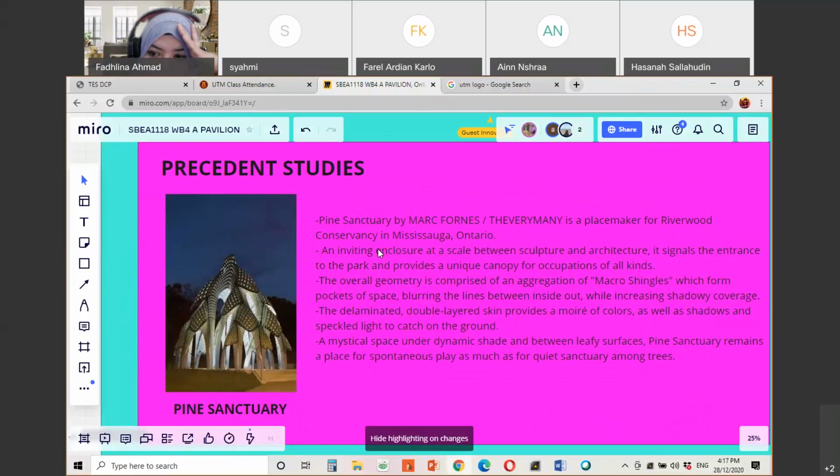The overall geometry is comprised of an aggregation of marble shingles which form a bouquet, blurring the lines while increasing shadow coverage. The double layer scheme provides a void of colors as well as shadow and speckled light that catches on the ground. This space under the sheets, in between the leafy surface, makes a place for spontaneous play as much as for flitting among trees.